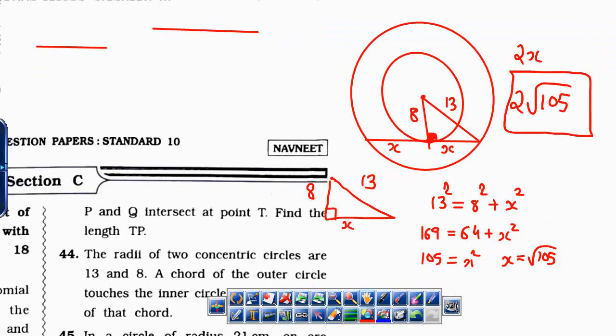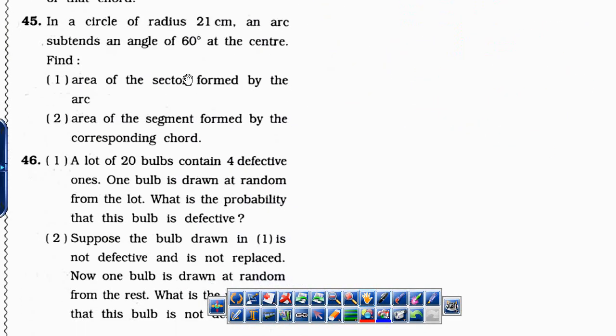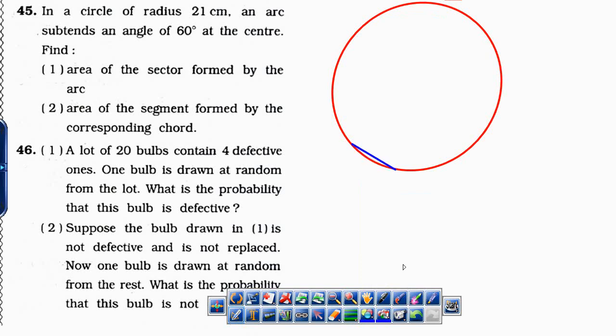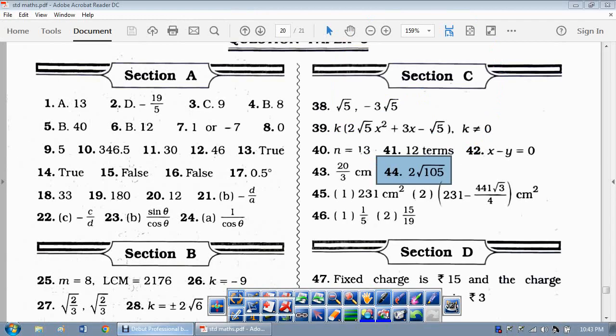Sum number 45. In a circle of radius 21, an arc subtends an angle 60 at the center. In a circle, an arc, मतलब ये इतना सा, subtends an angle, आर्क की वजह से सेंटर पे एक एंगल क्रिएट हो रहा है which is 60.